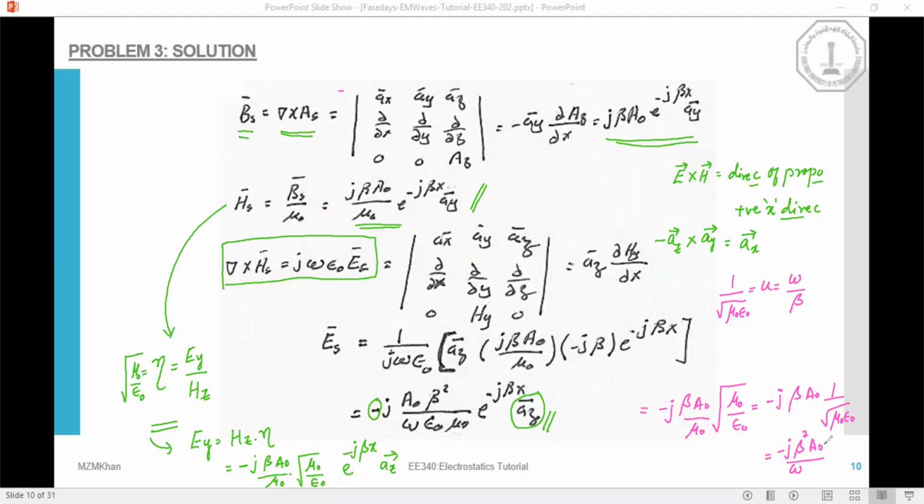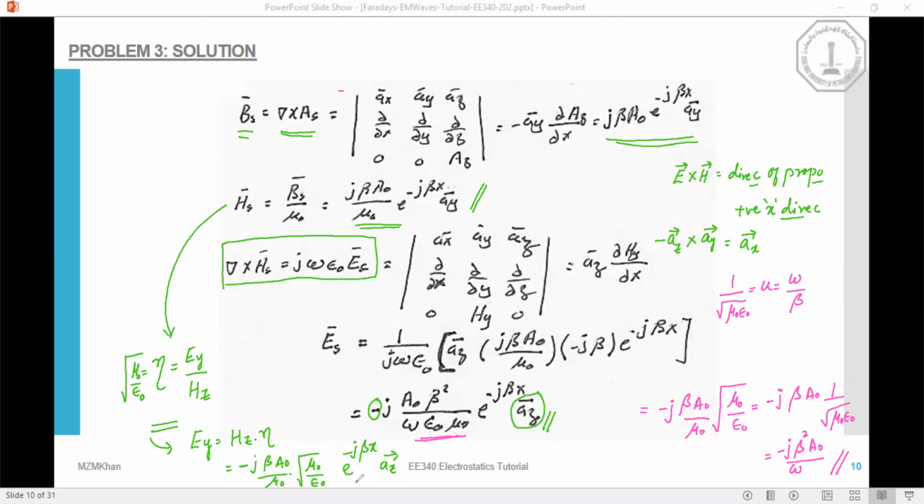It is u is equal to omega over beta. I think you should get it, guys. I'm just leaving it here because of the time constraint, but you can substitute, and I'm sure you should get this one. So I will leave it to you.